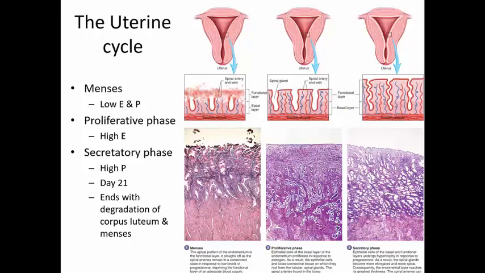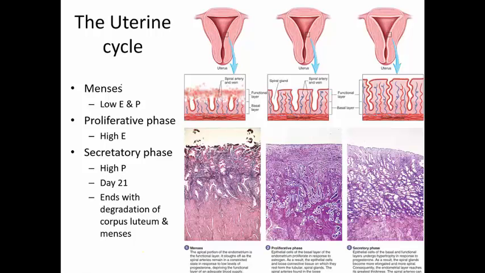But during the luteal phase, when the egg has been ovulated and possibly been fertilized, it makes sense to build up the functional layer of the endometrium so that an egg, the fertilized egg, can implant. And that's exactly what happens.